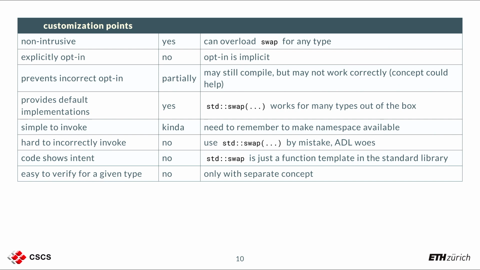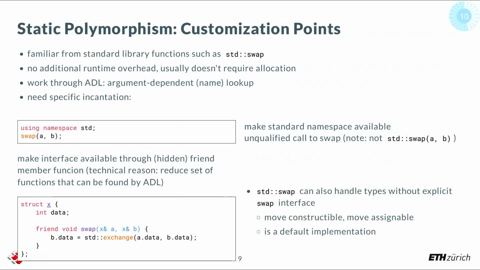So here, and this is also mentioned in the next two points, if you forget to do this using namespace standard, it might work, might not work, or does the right thing or does the wrong thing.